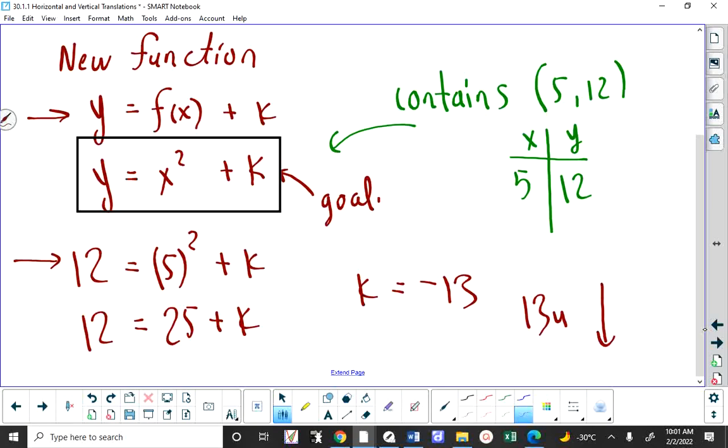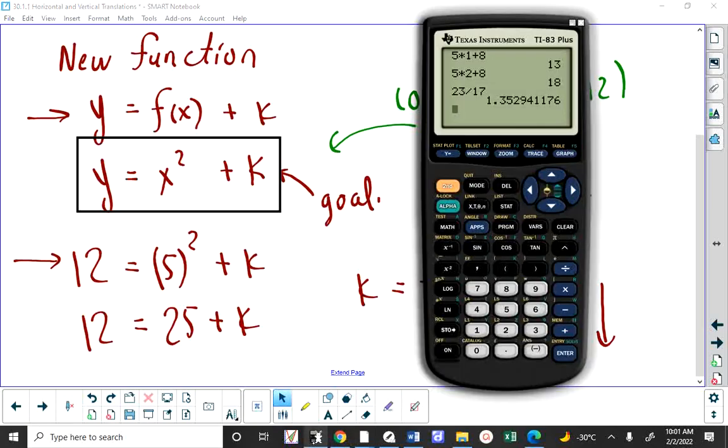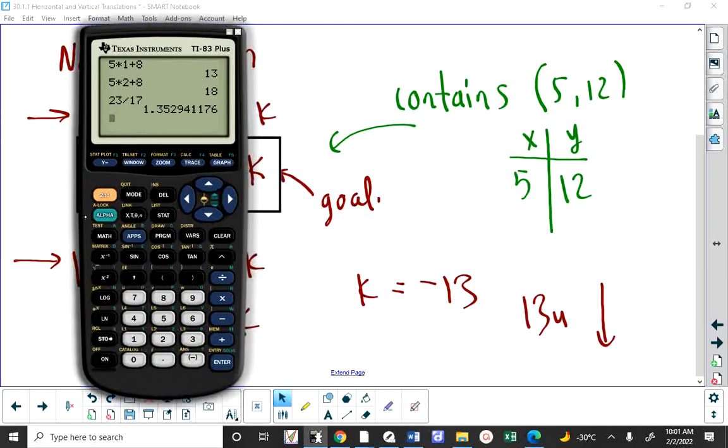And we can verify that. We can graph y equals x squared minus 13. I'm going to go zoom standard, and then I'm going to adjust my window settings.